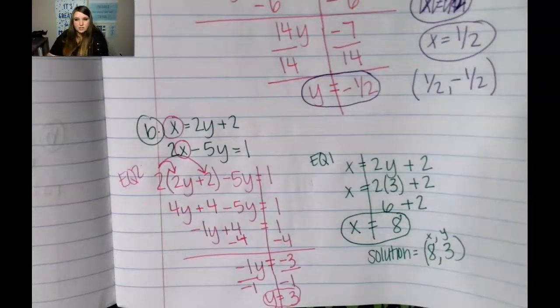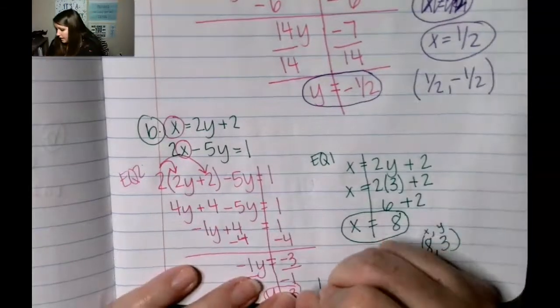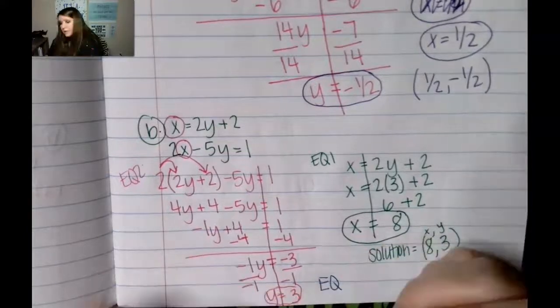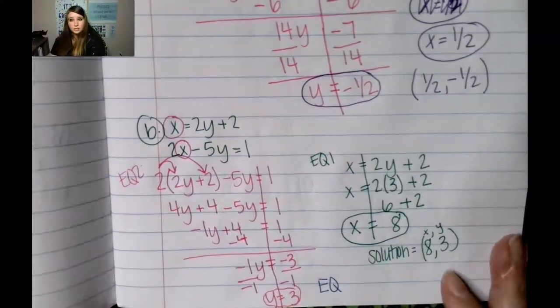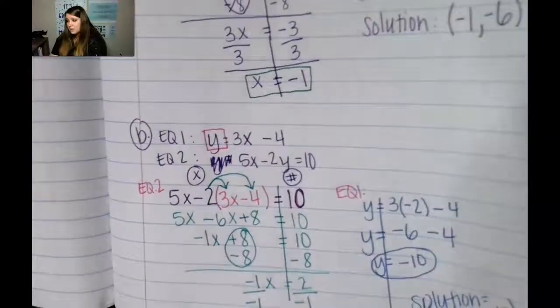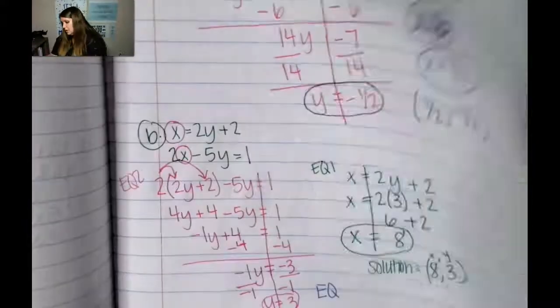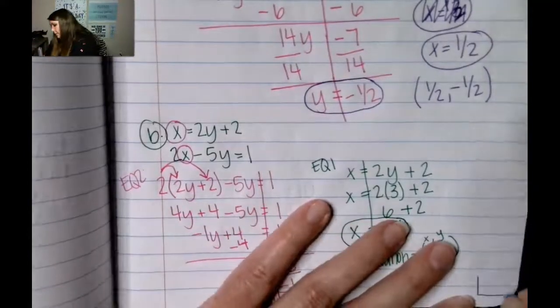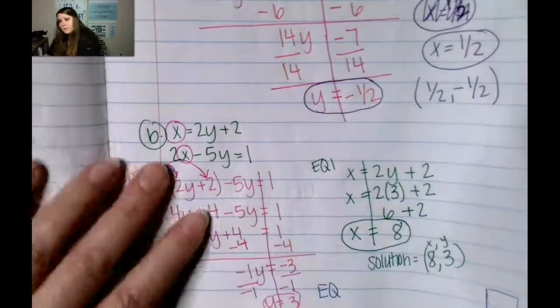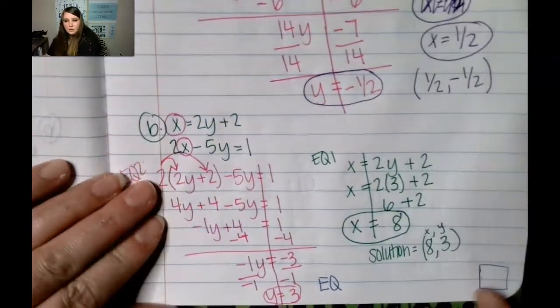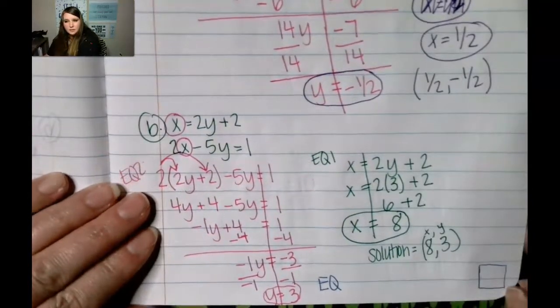All right, how did you do on this one? Okay, go ahead and explain the answer to your essential question for today. How do you solve systems of equations with substitution? And then go ahead and put your level of understanding out to the side. How are you feeling about this?